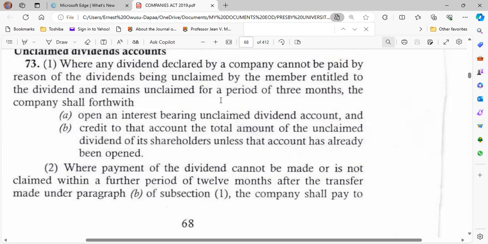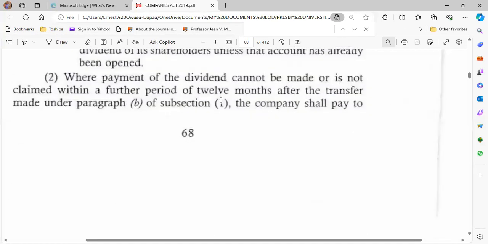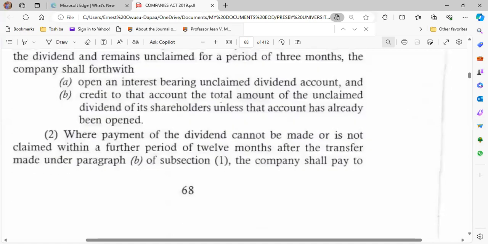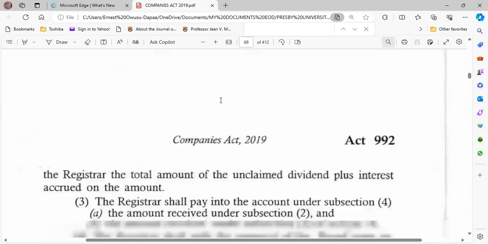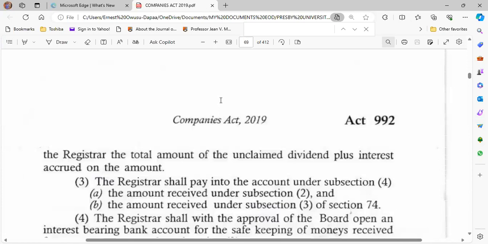So after opening the account, 12 months elapses, no claim has been made. The shareholders who are supposed to take the dividends have not come forward and claim it. Then Section 73(2) is saying that the company shall pay to the registrar of companies the total amount of the unclaimed dividend plus interest accrued on the amount.